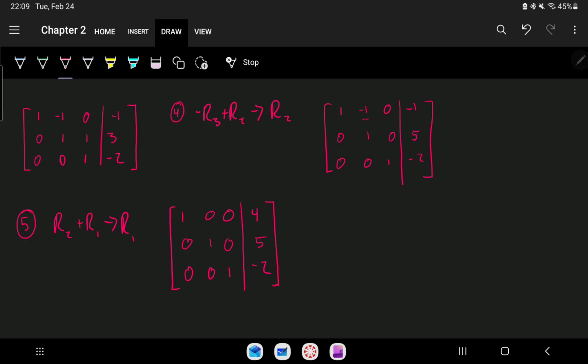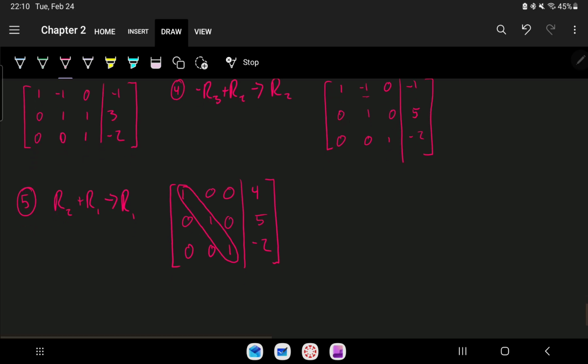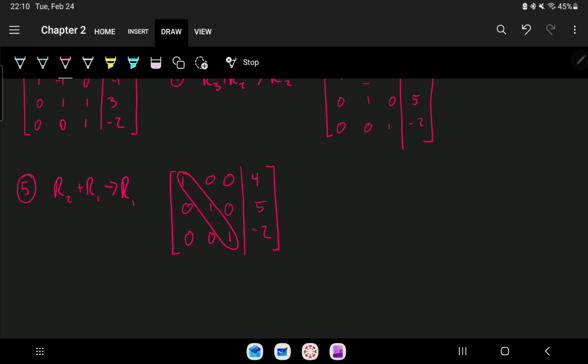Now, this is in reduced row echelon form. We have our diagonal of 1s and everything else is 0. And at this point, we do have a valid solution set, right? So in this case, if this were our original problem, it would be a combination.